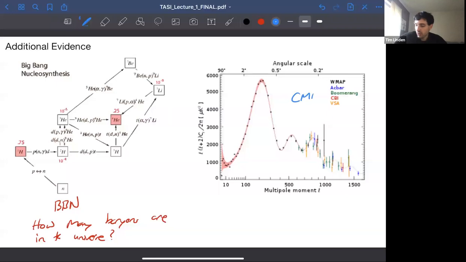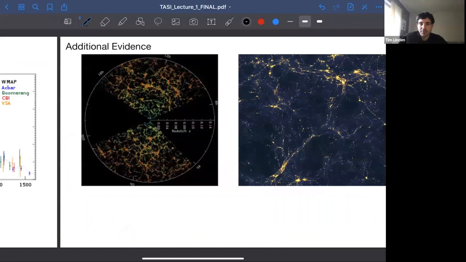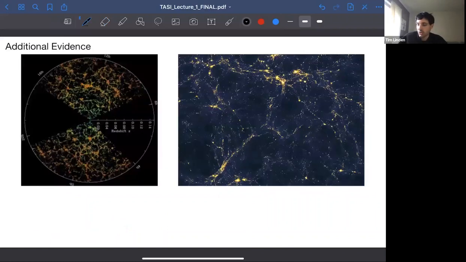Cosmic microwave background you'll go over in detail in the cosmology lectures, but the size and the scale of this first peak in the cosmic microwave background tells us how much non-interacting matter exists in the universe. And that's good evidence for dark matter. And then there are things like the formation of structure in the universe from large-scale structure. And here are some of those simulations of large-scale structure that we talked about earlier.